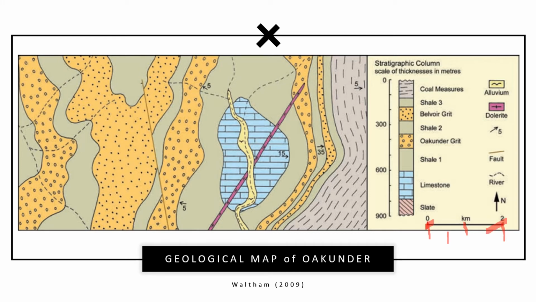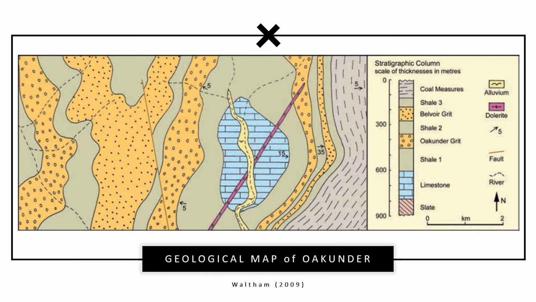So if we want to measure the distance between 2 points anywhere on this map, we are just going to use this scale to know the actual distance of the 2 points that you have chosen to measure.